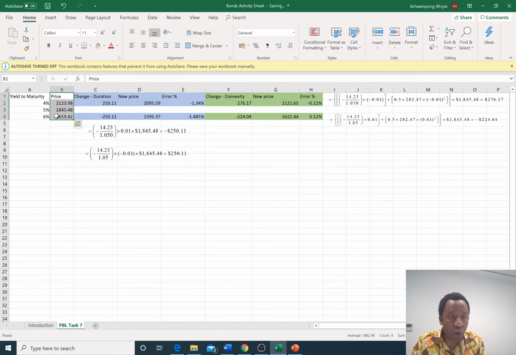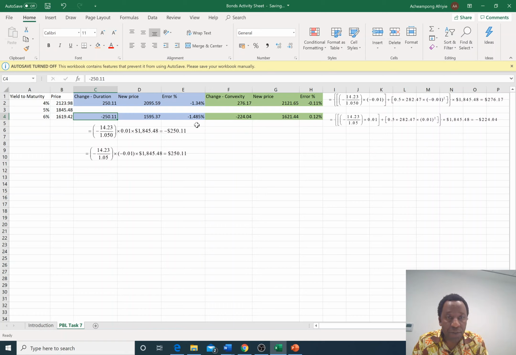And the whole import of this question is, what happens when the yield to maturity goes down to 4%? And what happens if the yield to maturity goes down to 6%? Well, the question has given us the duration, and the question has also given us the convexity.